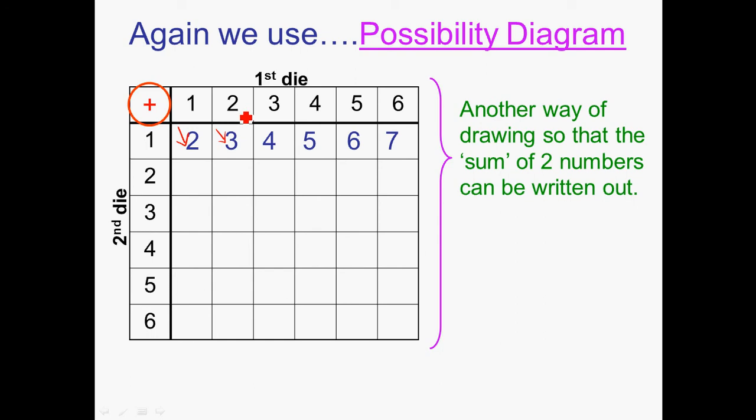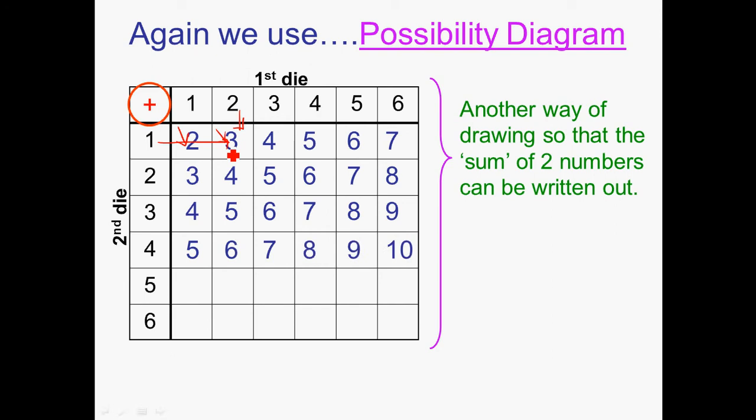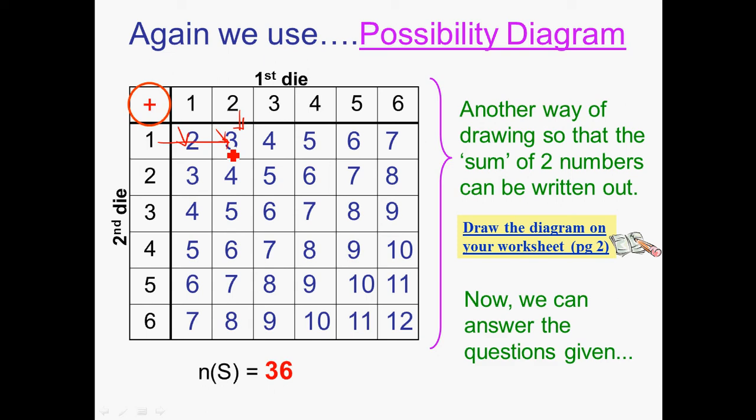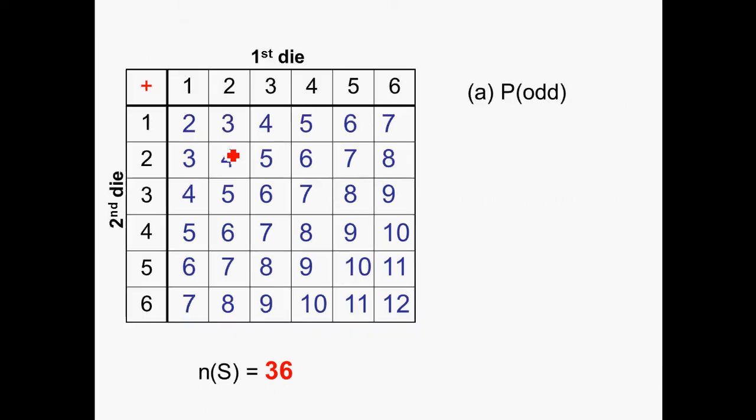This is the sum of 2 and 1. So you just keep adding. The blue numbers are the sum of both dice. And now the total sample space is still 36, so we will be able to answer the questions more easily.